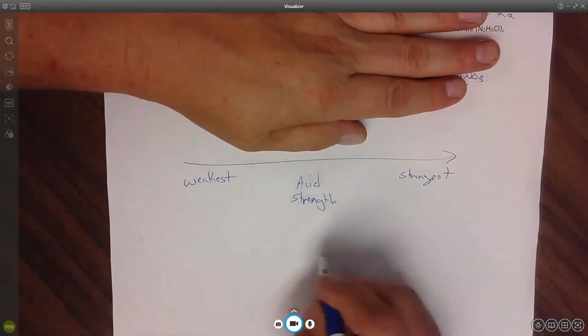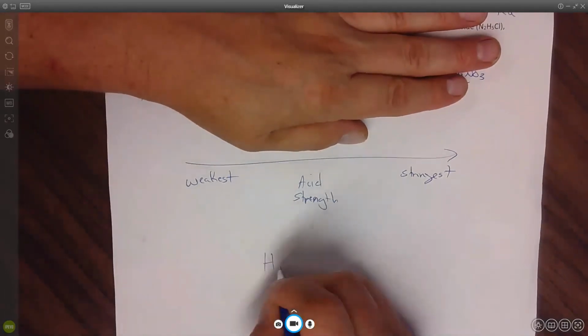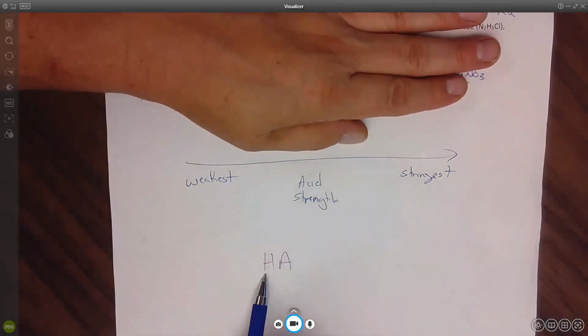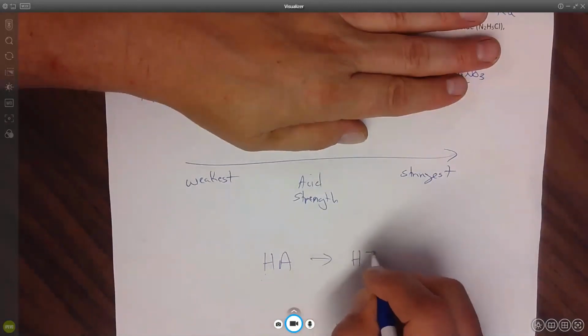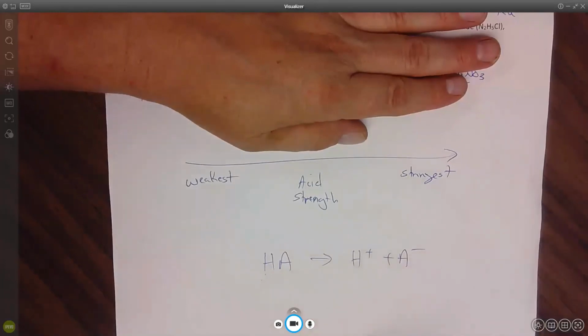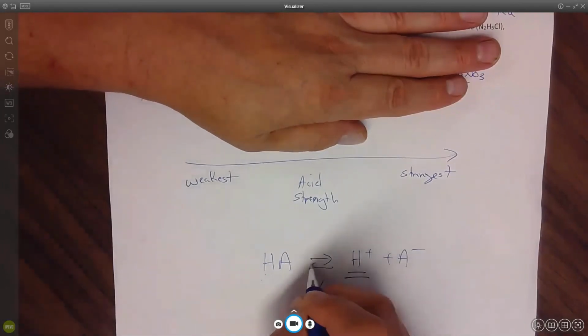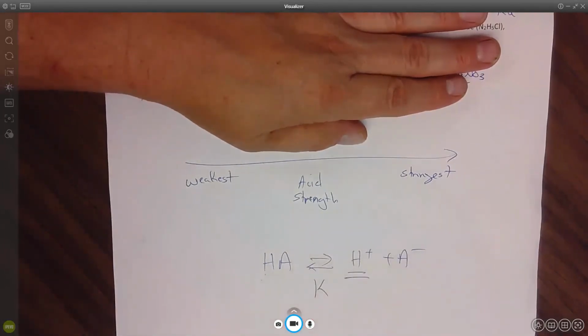If I have something that's acting like an acid, it's going to go like this. This being an acid, how would a K value, an equilibrium value, indicate whether we have a stronger acid or a weaker acid?